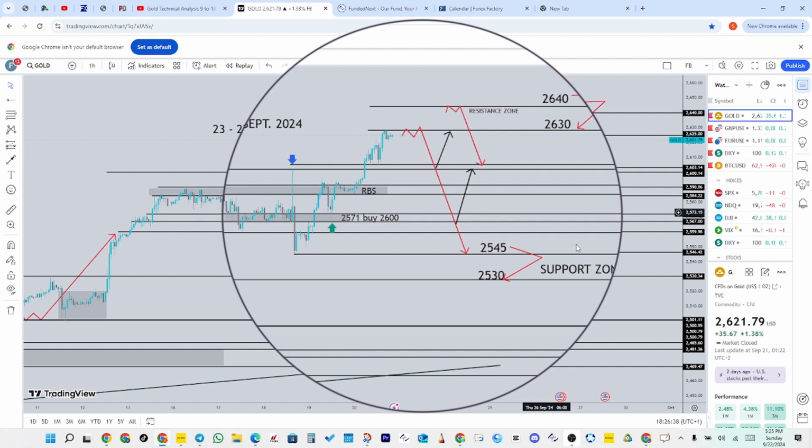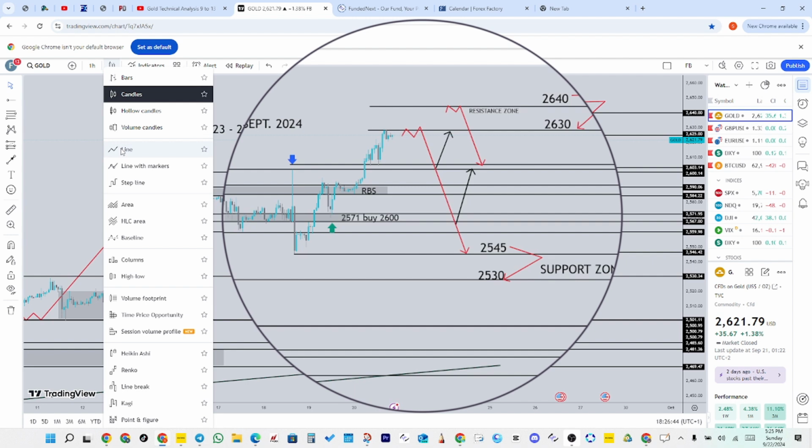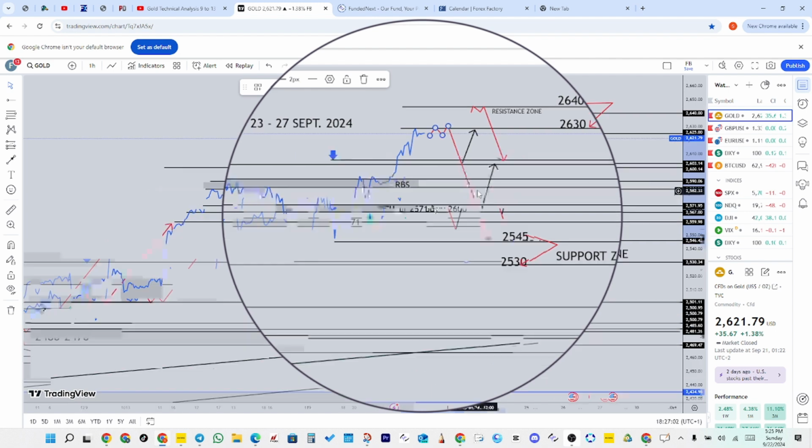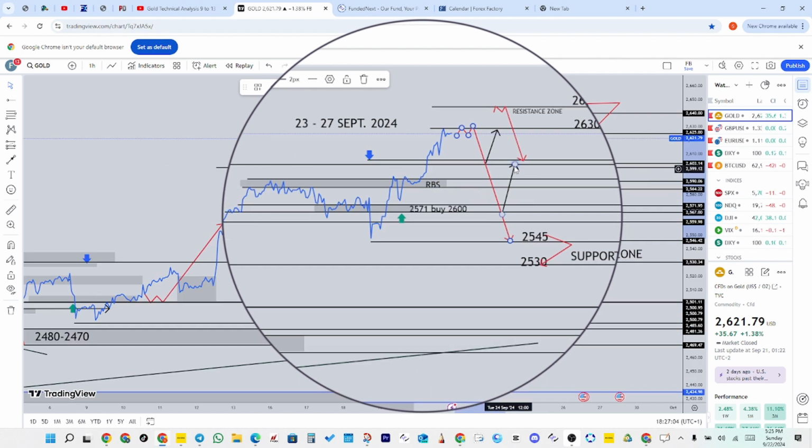Let me check something. I'm expecting a couple of touches within this resistance line or area before coming down. So let's take note of that, and then we are going to appreciate what is going to happen.